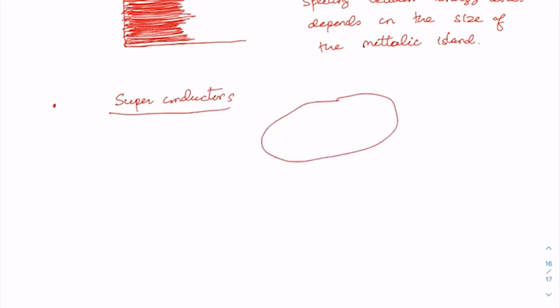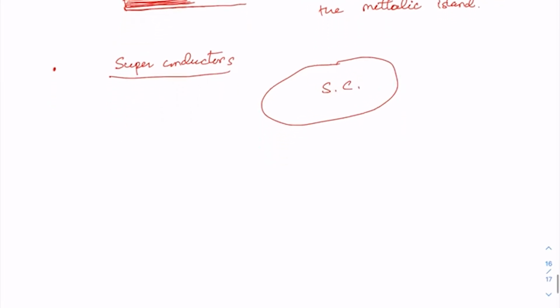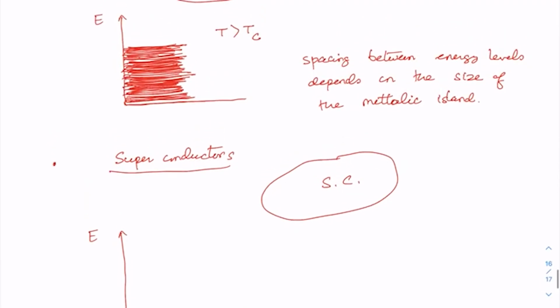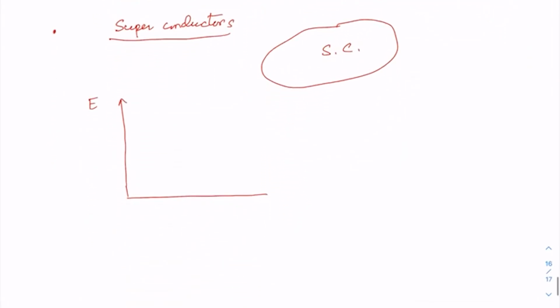Say this is what you have, and again you are going to get a ground state of energy for a fixed number of electrons. However, due to the fact that you need energy to break a Cooper pair, we get a finite energy gap.